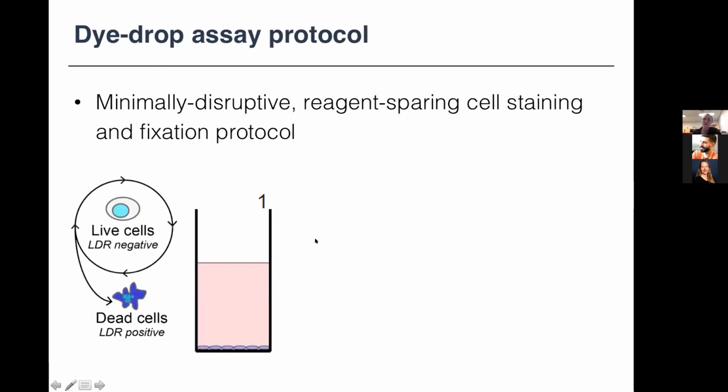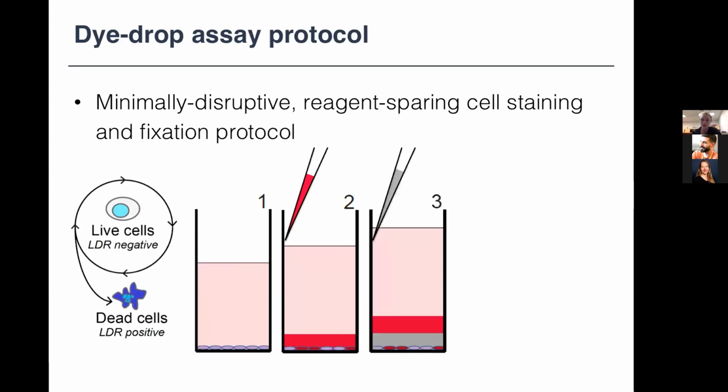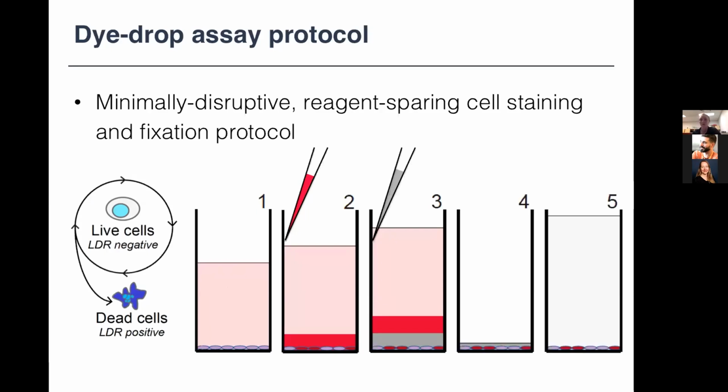And so in the lab, what we essentially do, visualized here, is one well in a multi-well plate. You've got your cells on the bottom with your media. We use OptiPrep, which is a density gradient media. So we're able to layer in small volumes of dense stain solution, followed by an even denser fix solution. And then we aspirate that and replenish the liquid with PBS.